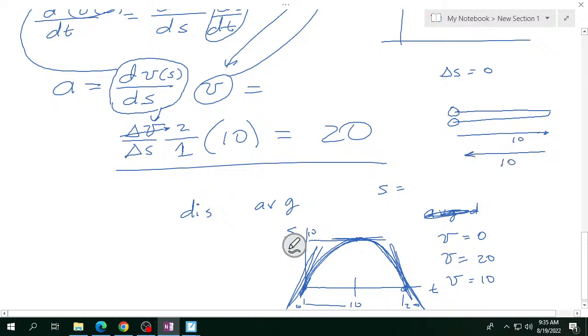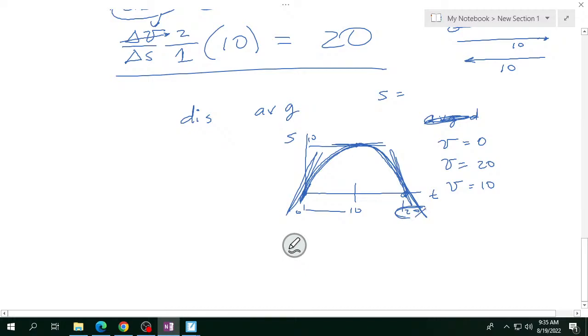It took 20 seconds. So the total distance traveled was 10 out and 10 back, so 20. But then the time it took was 20 as well.